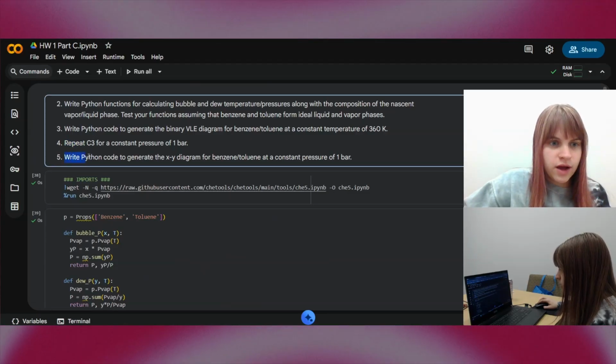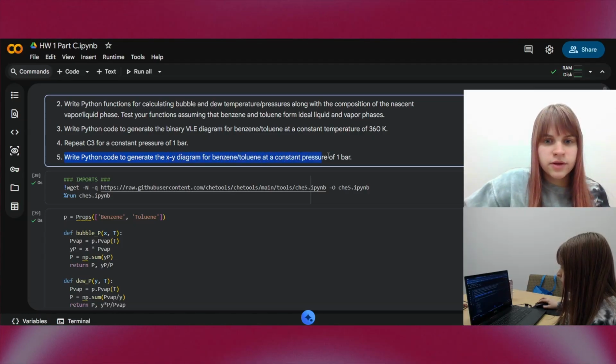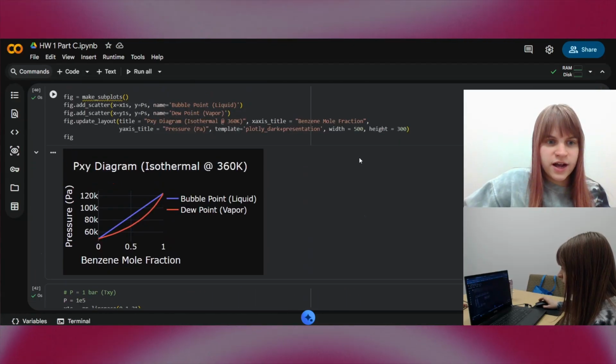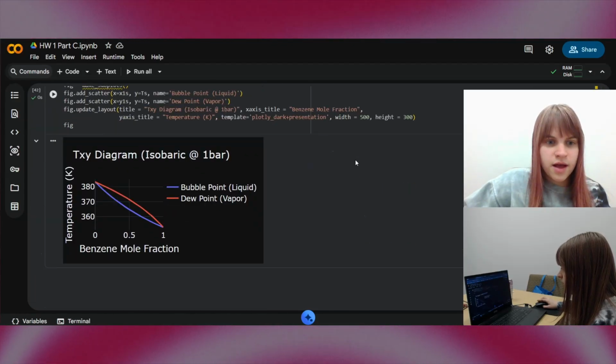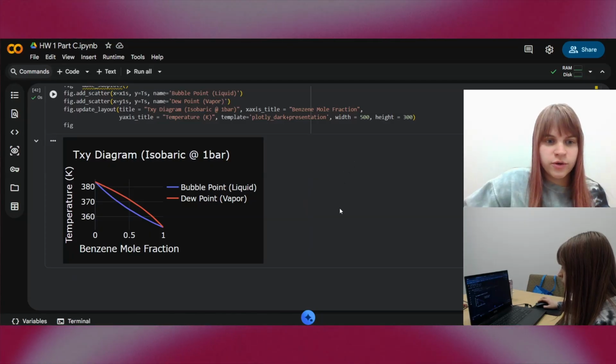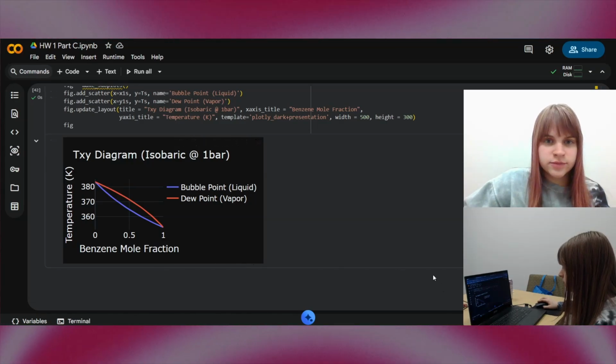So now we want to write a Python code to generate an XY diagram at a constant pressure. What we're going to do here is have the liquid composition and the vapor composition on their own axis, and then we'll be able to compare it like that.